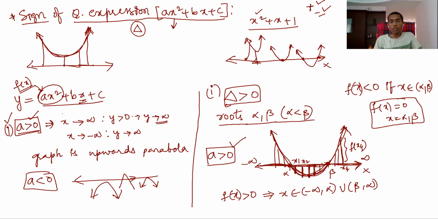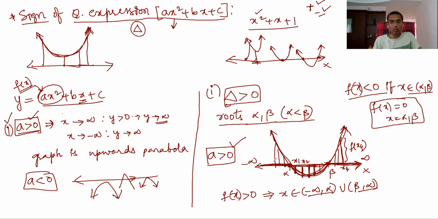Between alpha and beta, f of x is negative. For x less than alpha or x greater than beta, it is positive.